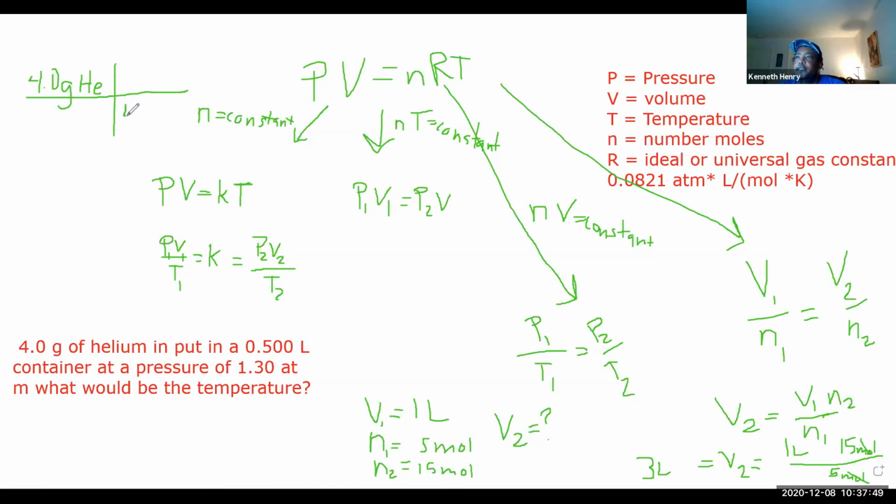Ooh, that's convenient. So 4 grams of helium for 1 mole. So I have 1 mole, right? Okay, so this is going to be my number of moles, my N.